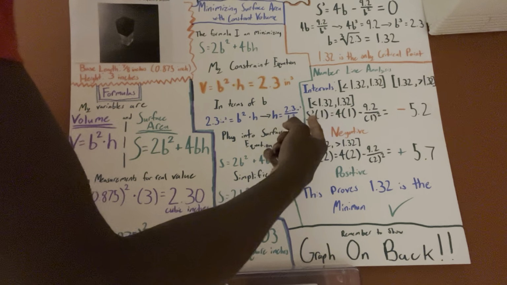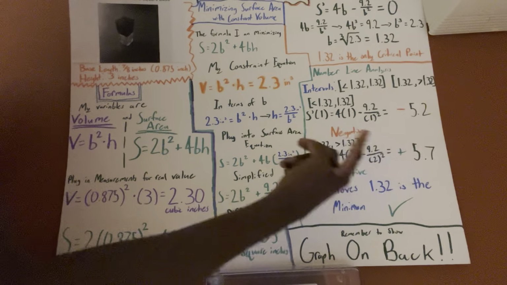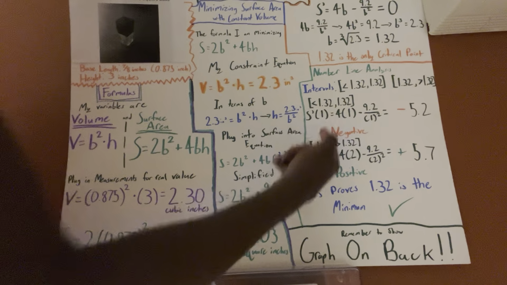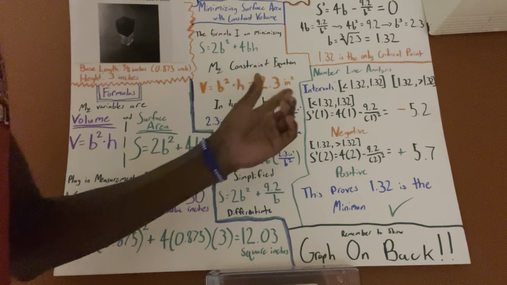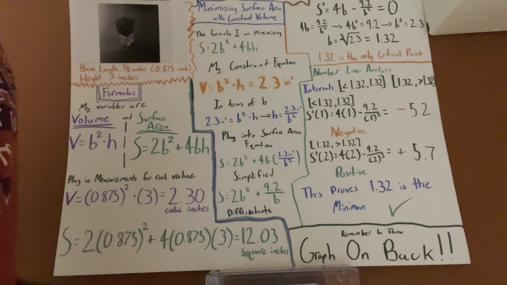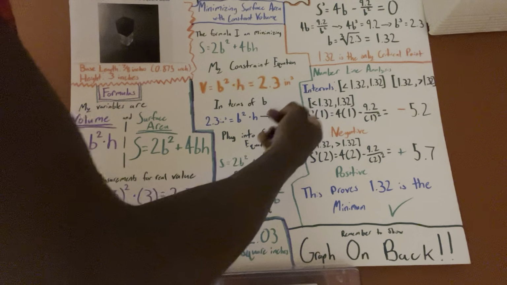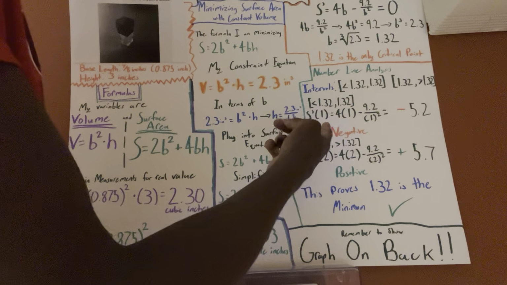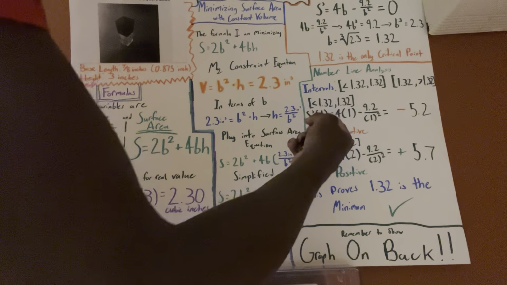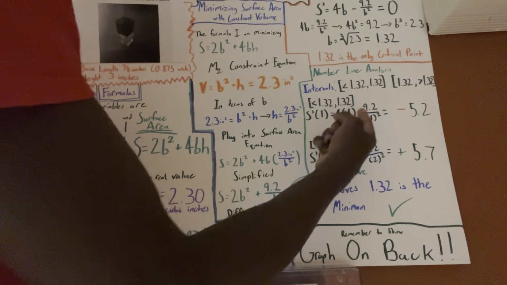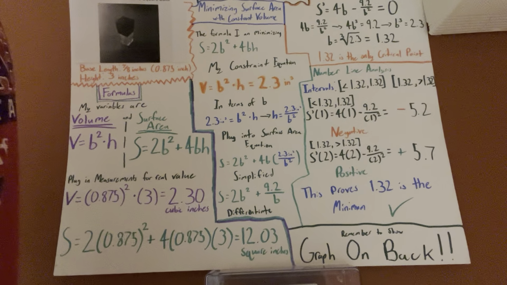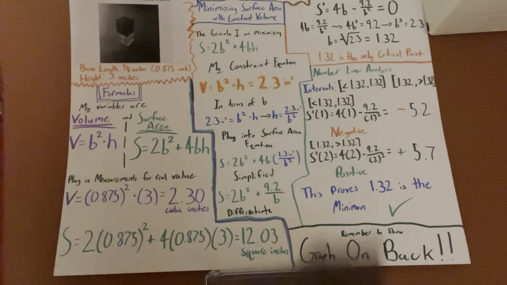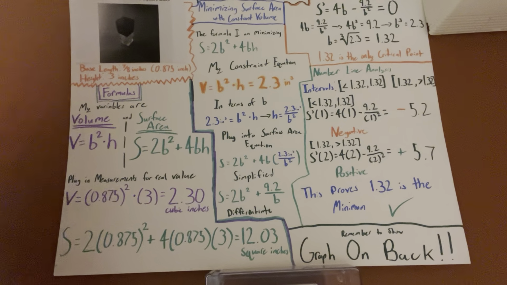With the first interval, I just chose the closest whole number. So I chose 1. So the equation, surface area prime in terms of 1, 4 times 1 minus 9.2 over 1 squared equals negative 5.2. So I took note that it's negative.